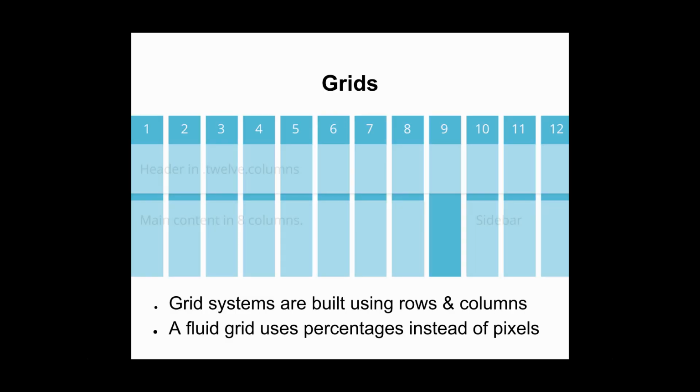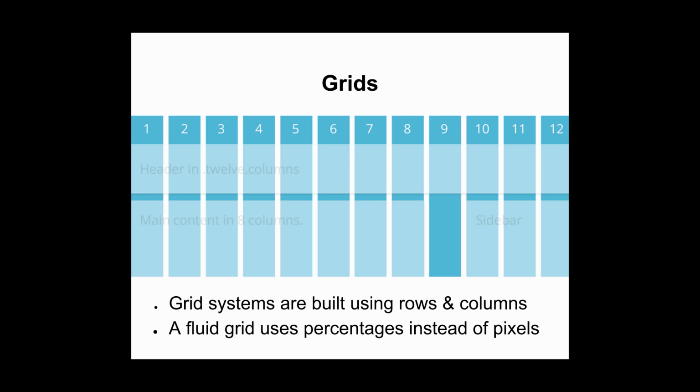So the grid system is basically a series of rows and columns, and the premise behind it is that you can use columns within the grid system to structure the layout of your website.